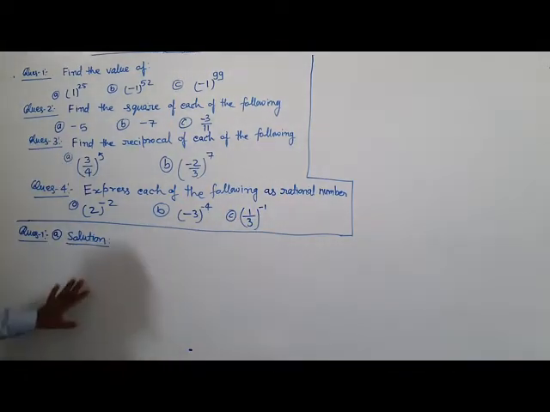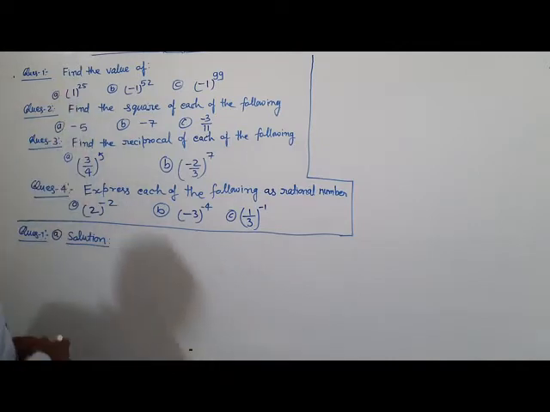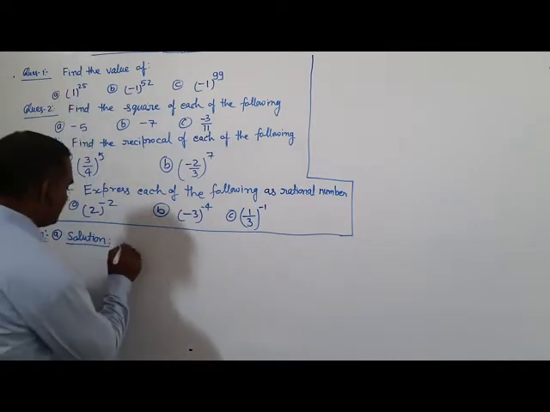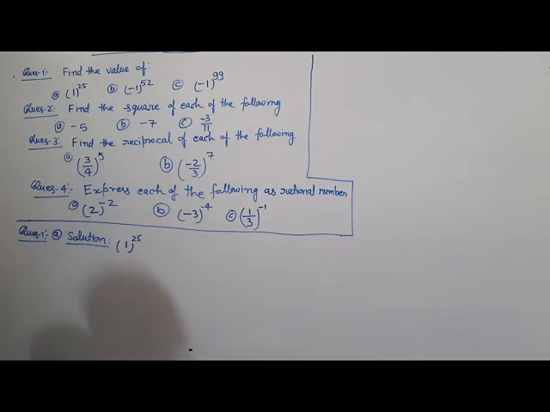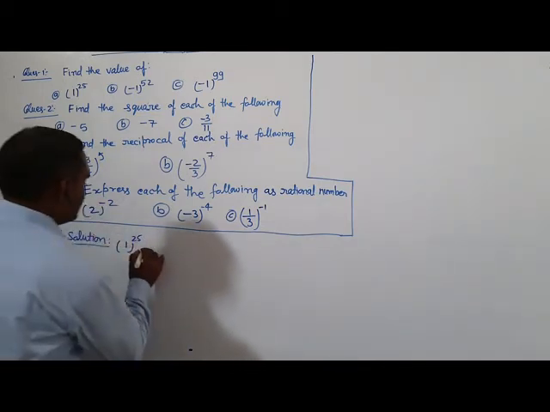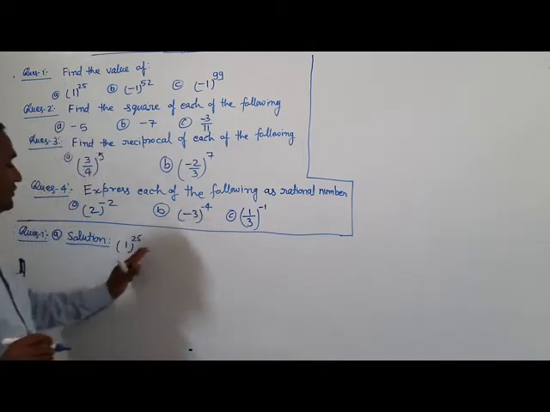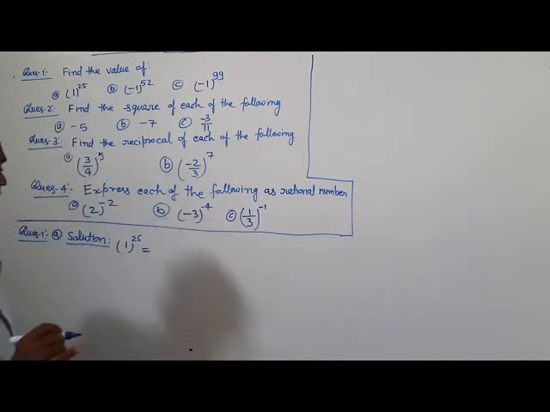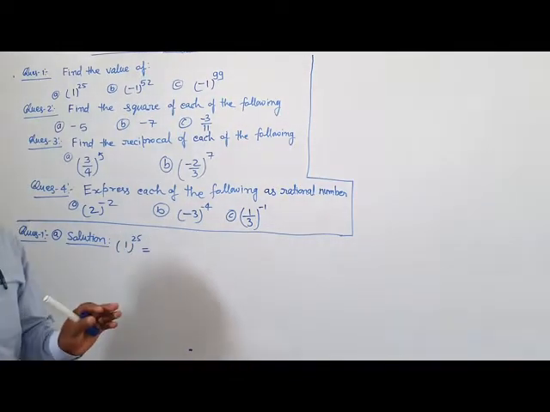So let's start to solve from question number first. A: 1 raised to the power 25. What is the value of this? You can write this 25 times 1 is 25 times.